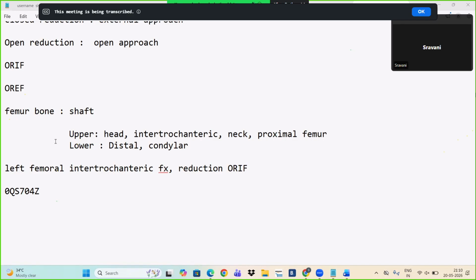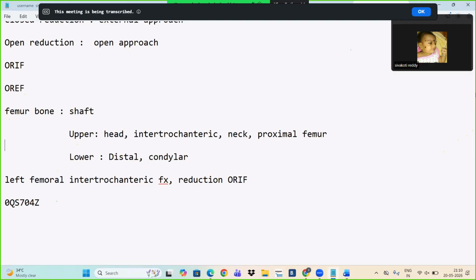Note down here only when we need to take upper femur and when we need to take lower femur. If you go to the reposition femur, you will get three types of codes: upper femur, lower femur, femoral shaft. I have already written when to take upper and lower, note it down.